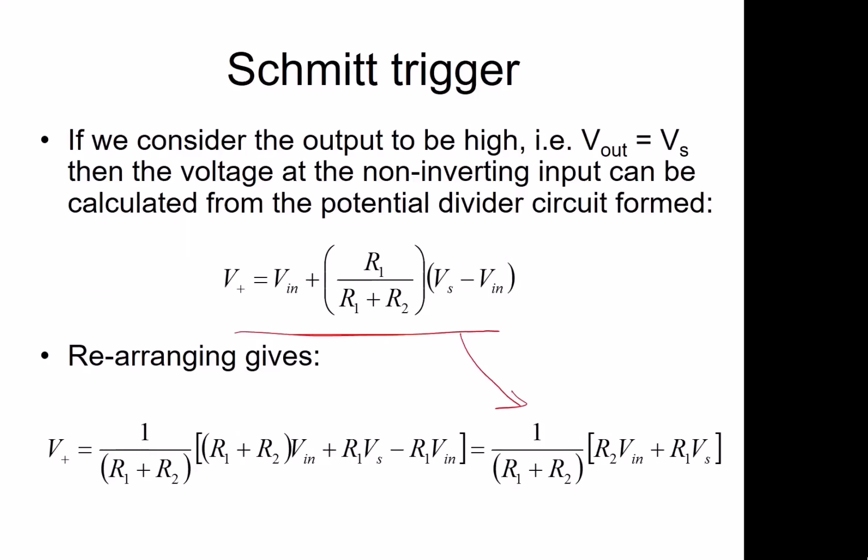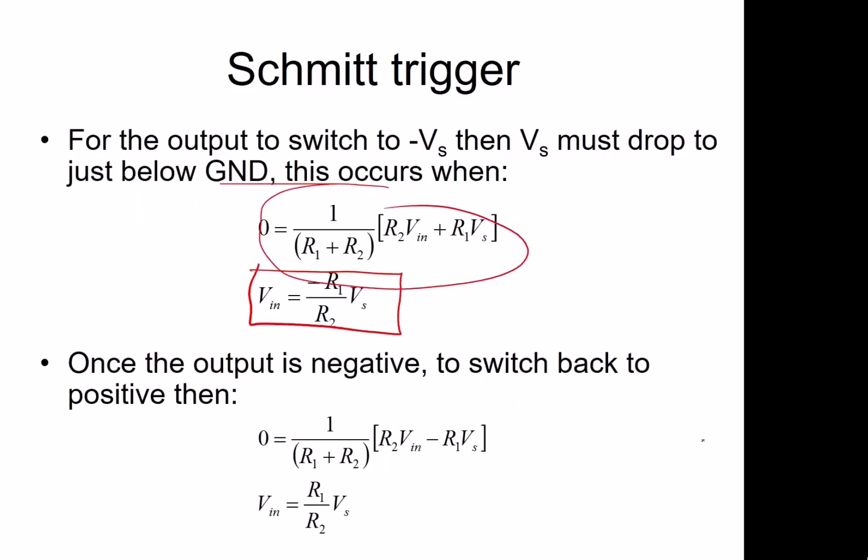However, our Vs here is now negative, so our transfer function has become this term because Vs is currently negative, and therefore this is going to switch back when our V plus is 0.